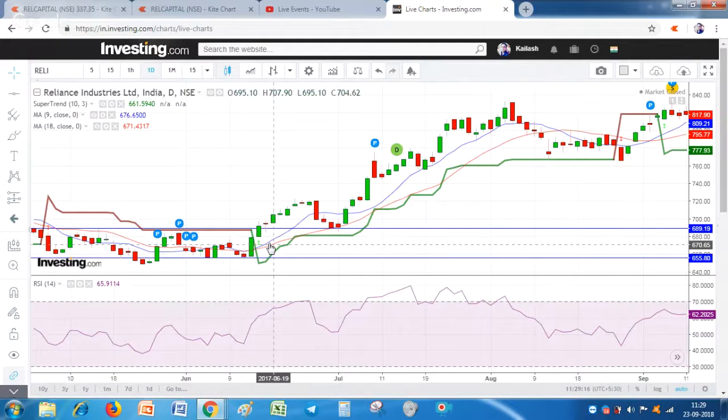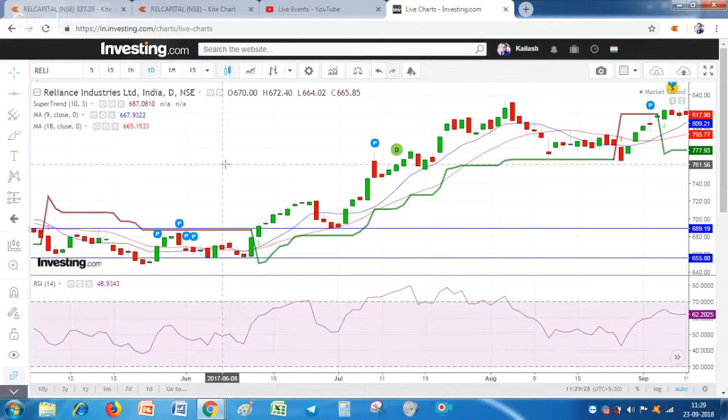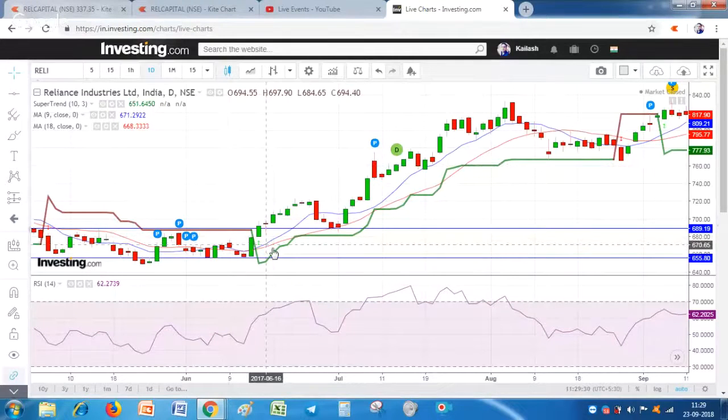If super trend has given us such a signal and that is supported by moving averages of 10 and 20, I have taken 9 and 18 period. We can take 10, 20 period also, or 13 and 21 period. You can take two moving averages, and you could see there is a crossover.